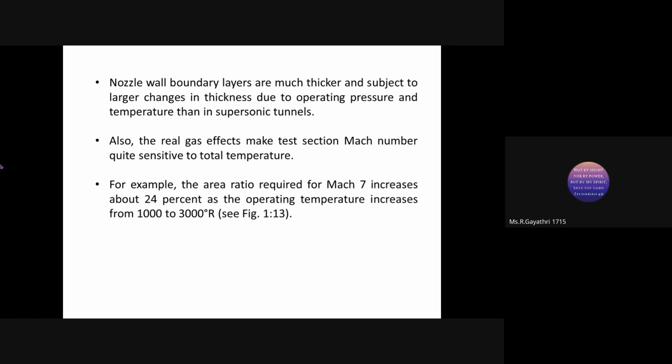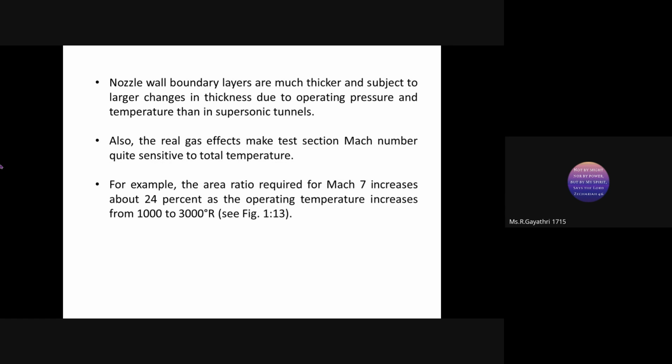Also, real gas effects make the test section Mach number quite sensitive to total temperature.